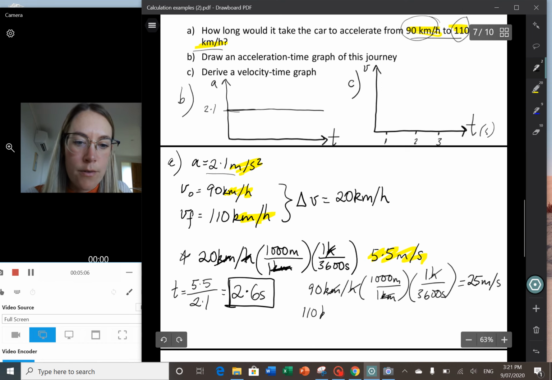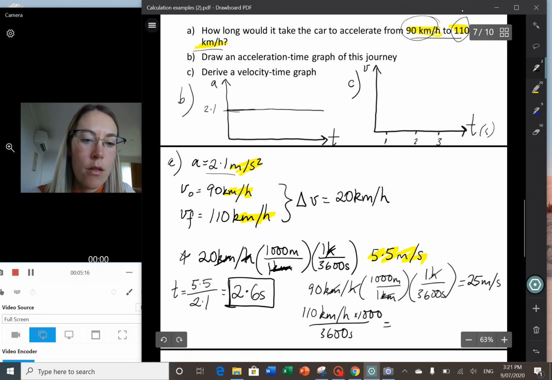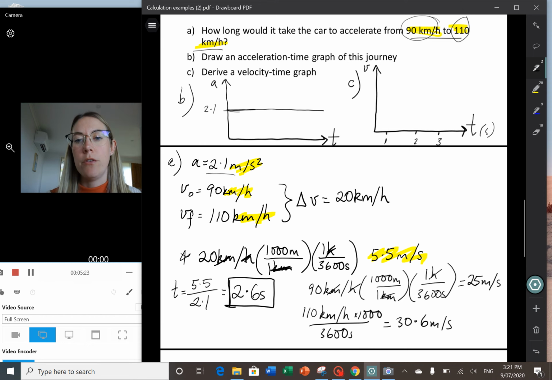And 110 kilometers per hour multiplied by 1,000 meters divided by 3,600 seconds is going to give me 30.6 meters per second. And I'm going to use these values now on my y-axis.